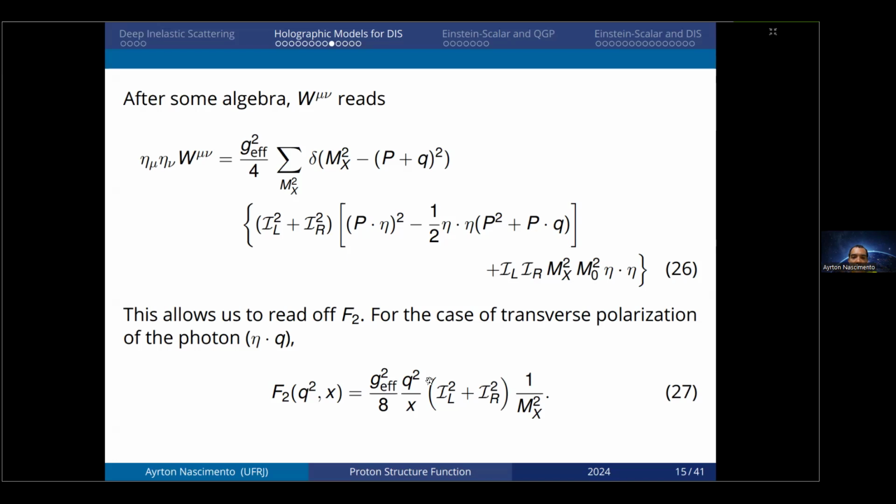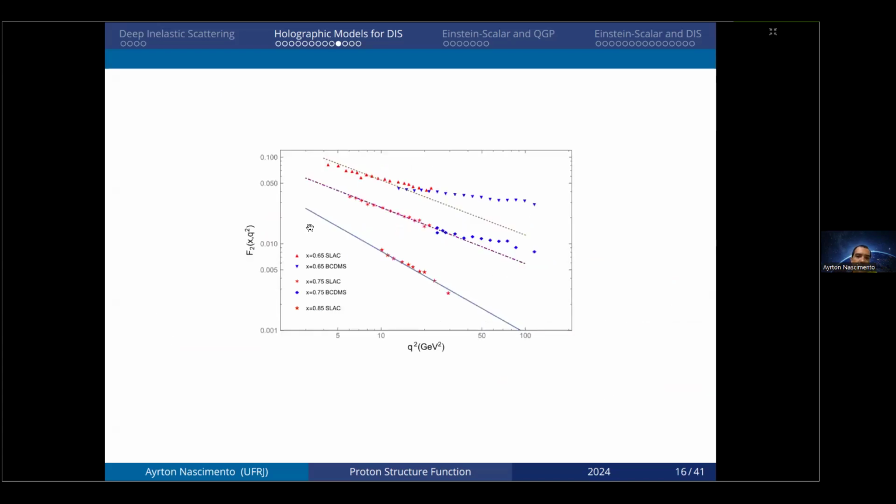And people did that in terms of these integrals over here, okay, for this model. And what they got was this picture over here. It's given in the references. It was one of the guys that did his doctorate, his PhD, at my university, worked in my group and everything. And he wrote a paper on this problem, and what he got was this one, okay? So you have the F2 function in terms of q squared for different values of x.